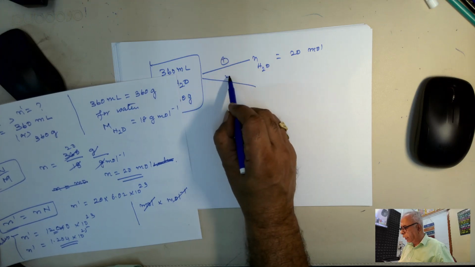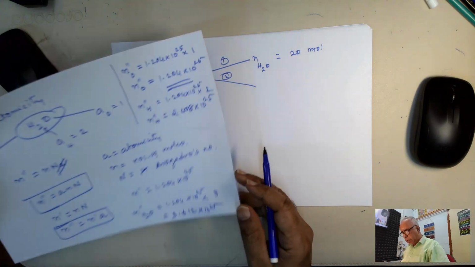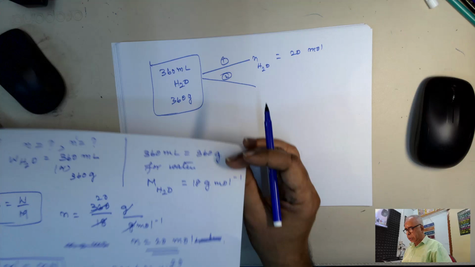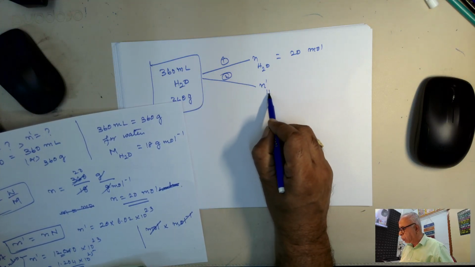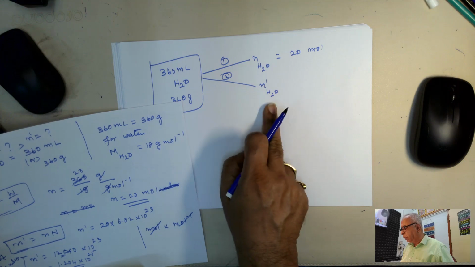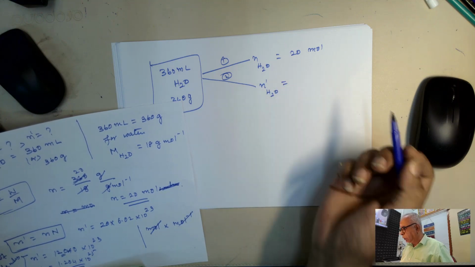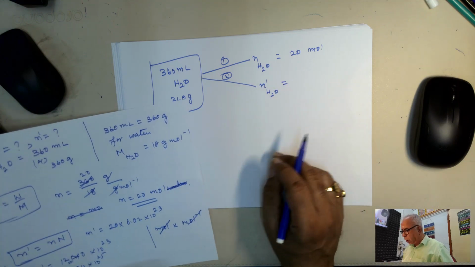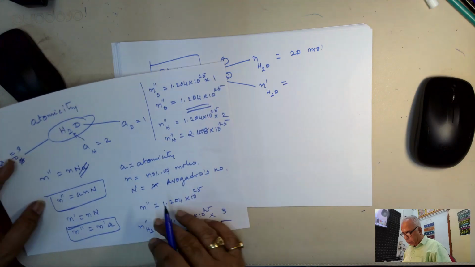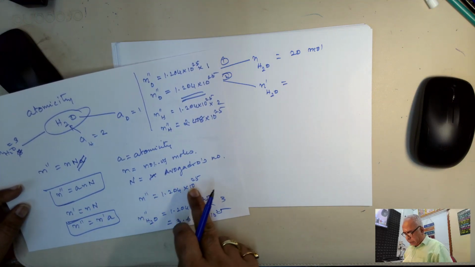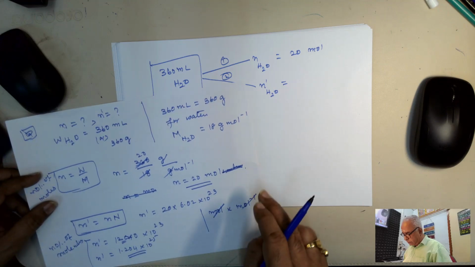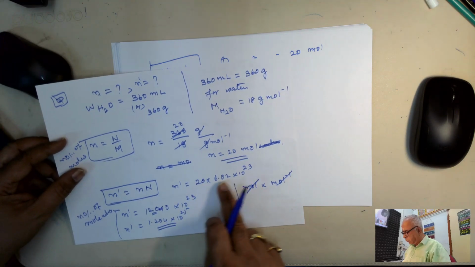And what is the next one? Second, I have asked the number of molecules. So number of molecules means N dash of H2O. Number of molecules of water. So how much? The number of molecules is equal to N dash, which we have written here.